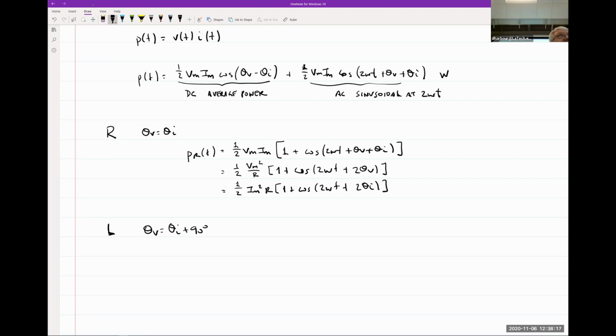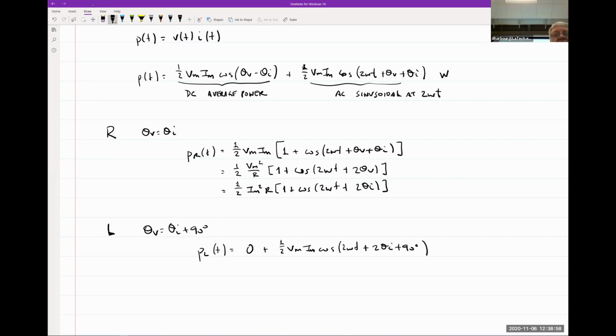And that means when we do this difference, theta V minus theta I, we get cosine of minus 90 degrees, which is 0. So the average part of the instantaneous power for an inductor equals 0, plus the second part, which is 1/2 Vm Im cosine of 2 omega t plus, in this case, 2 theta I plus 90 degrees, if we let theta V equal theta I plus 90 degrees.